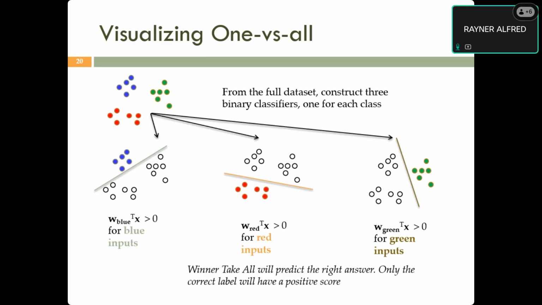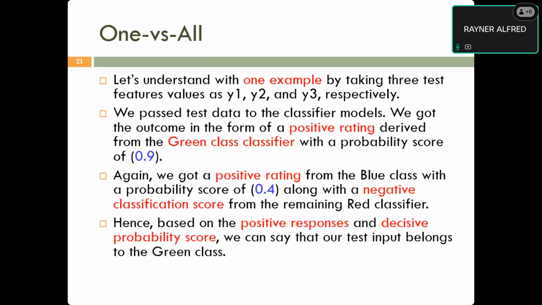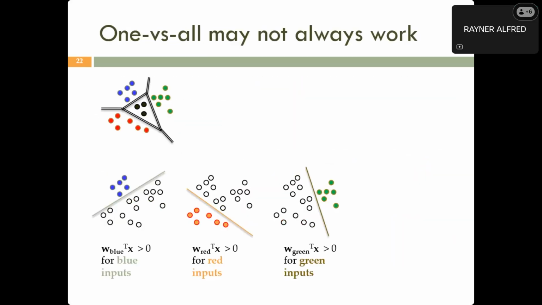But if we have something like this, we have a problem with this. Because the black one, we are not able to do it. Because it is in the middle.